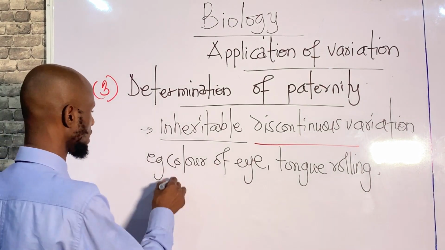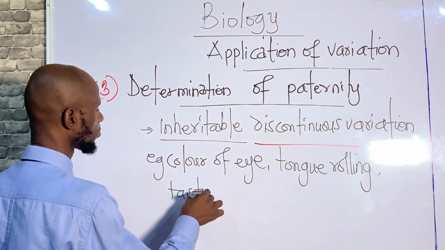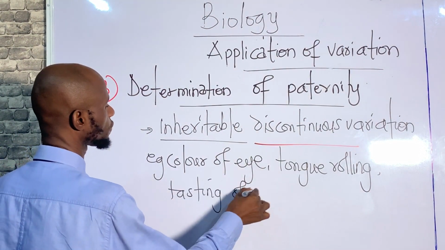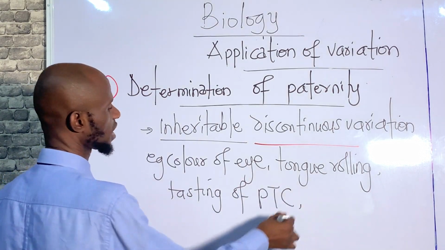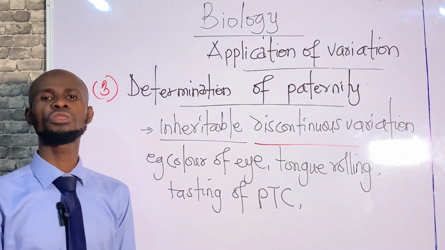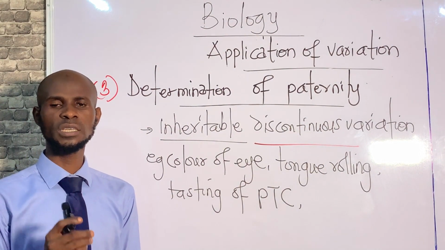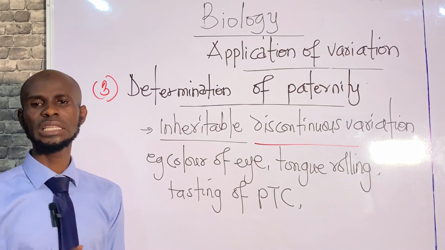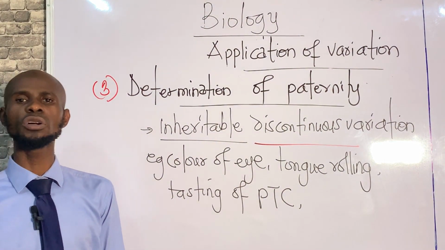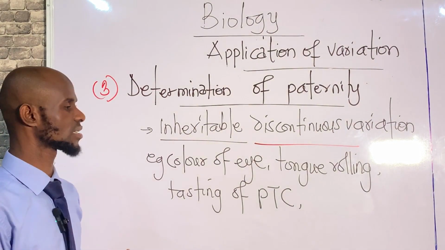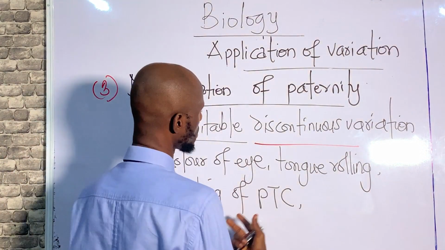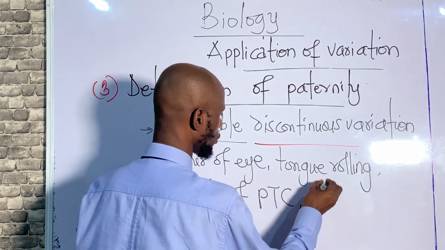Another example is tasting of PTC. And don't forget that the PTC means phenylthiocarbamide. It tastes bitter. So it's either you can taste the phenyl or you cannot taste it. And the last example I'm going to give is the blood group.